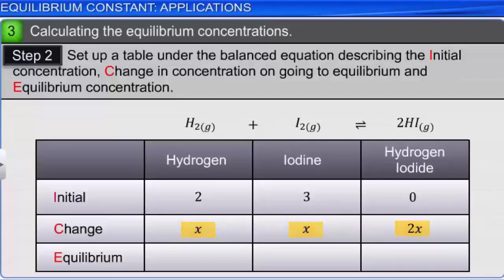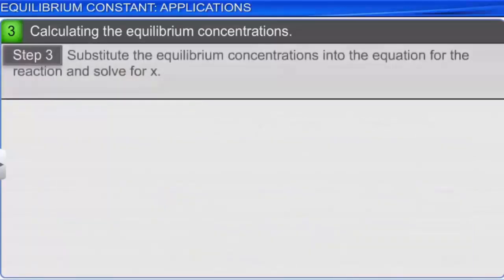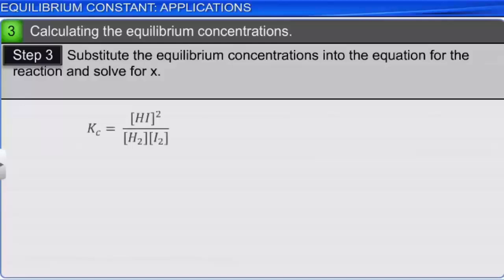At equilibrium, the concentrations of hydrogen, iodine and hydrogen iodide will be 2 minus x, 3 minus x and 2x respectively. In the third step, substitute the equilibrium concentrations in the equilibrium equation and solve for x. The equilibrium equation for the reaction is Kc equal to the concentration of hydrogen iodide raised to the power of 2 divided by the product of the concentrations of hydrogen and iodine.